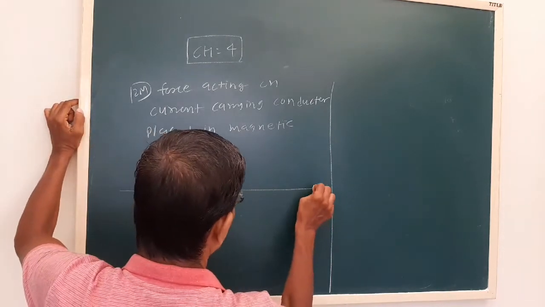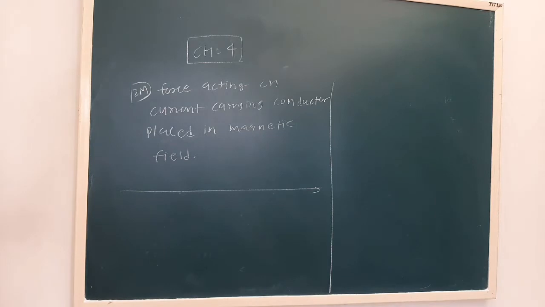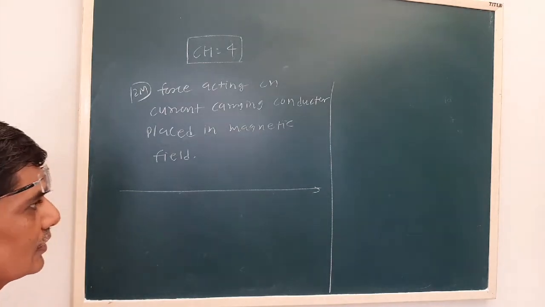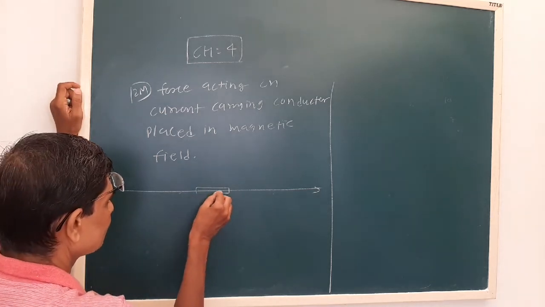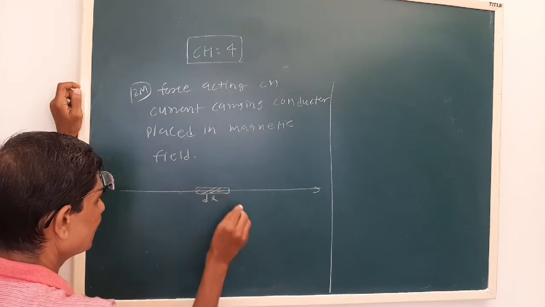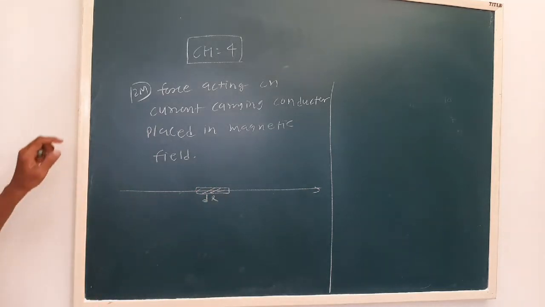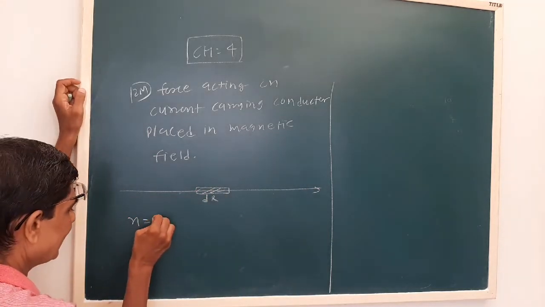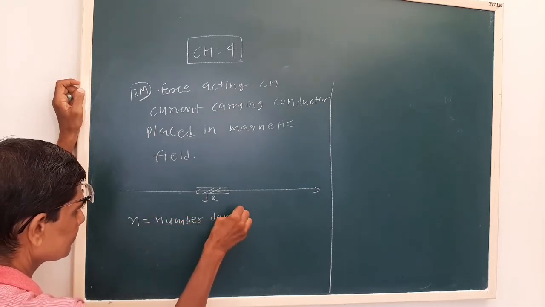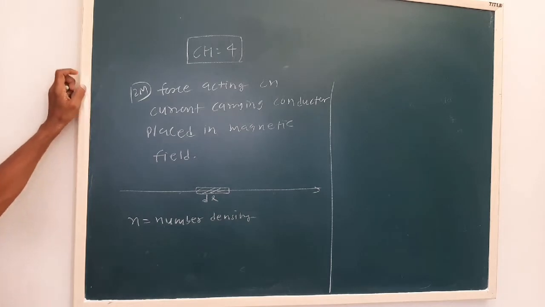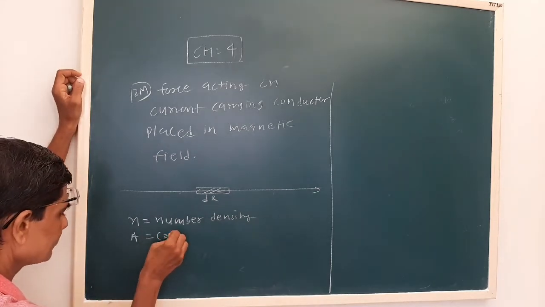Let us say there is a long conductor, and the current is I. Consider a small section of length dl. Let n be the number density and A the cross section area.